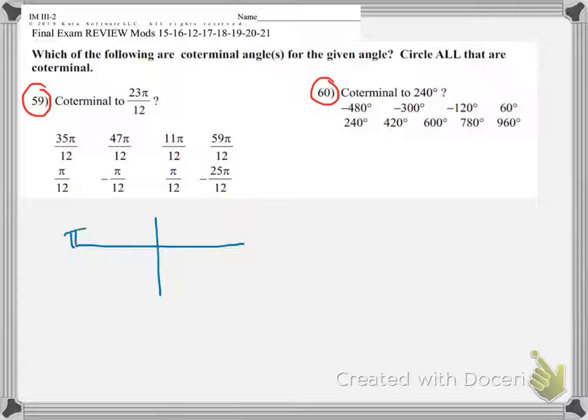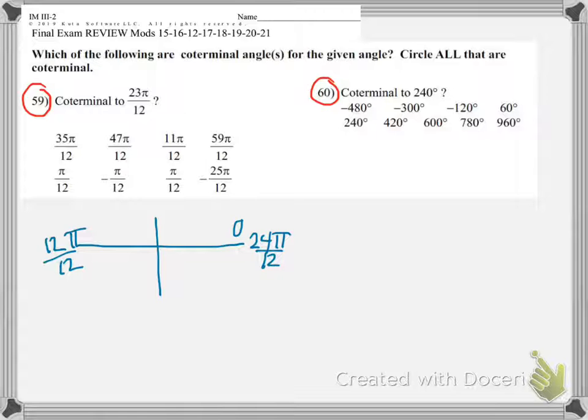So my pi turns into 12/12ths of pi, and my 2 pi turns into 12 times 2, 24/12ths of pi. Of course, it's also 0. And all of these choices have 12s on the bottom.